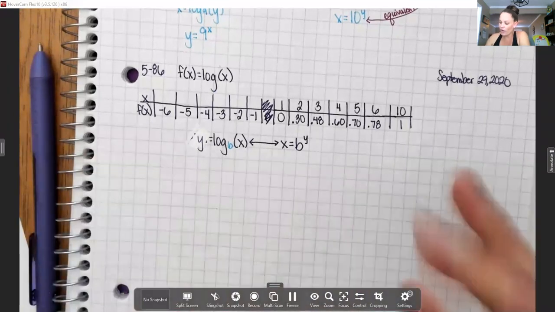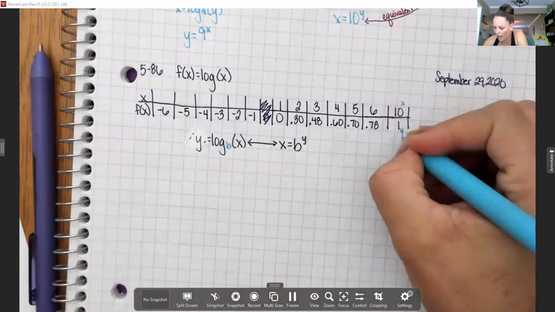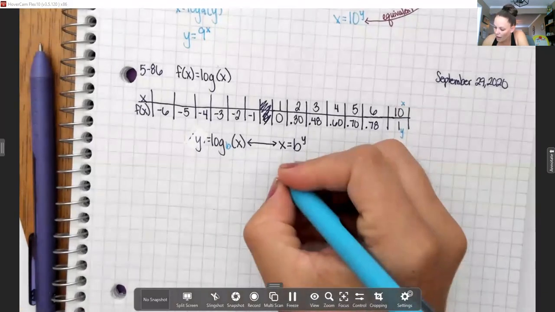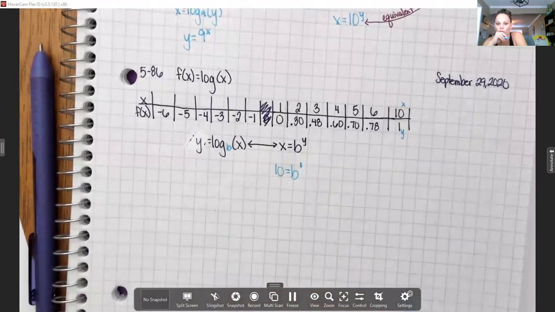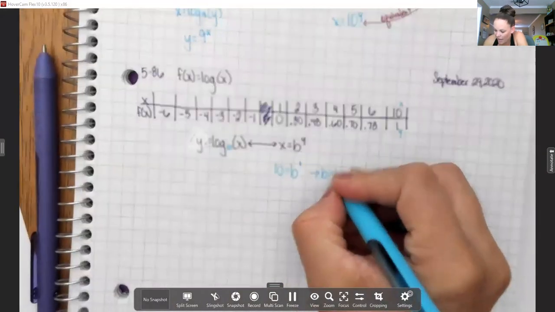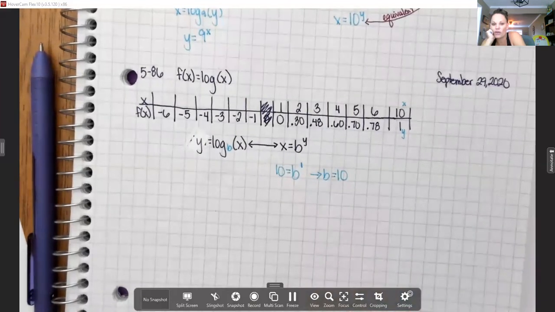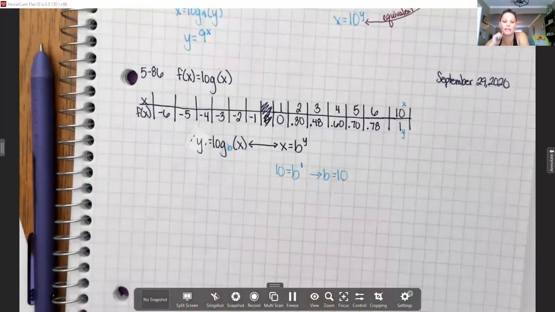So if I take this point, 10, 1, and plug it in, remember this is x and this is y, I have 10 equals b to the power of 1. This tells us that our base is 10. So anytime you hit just the log button on your calculator, it's a base of 10.